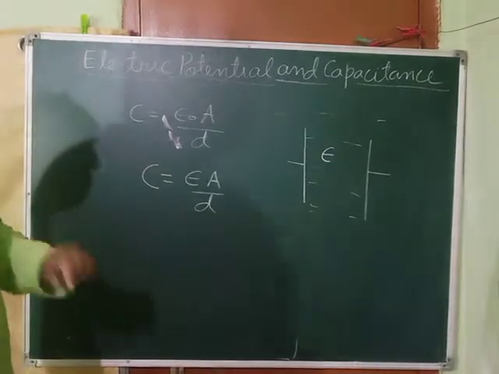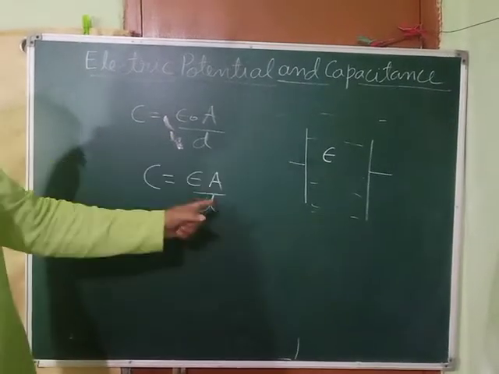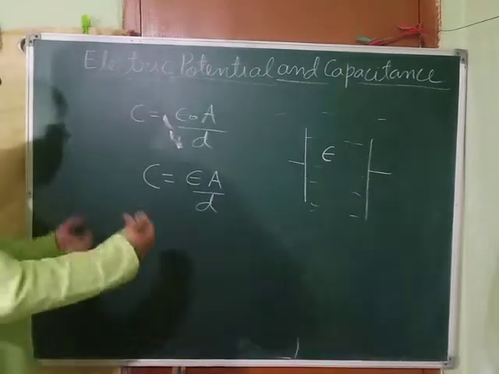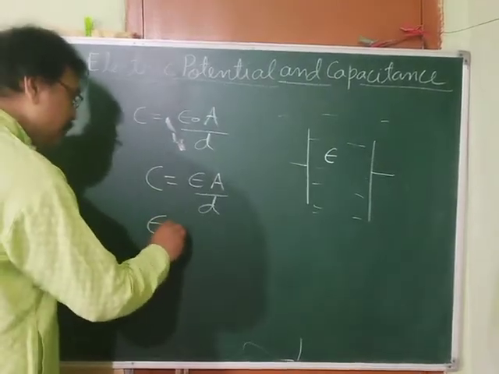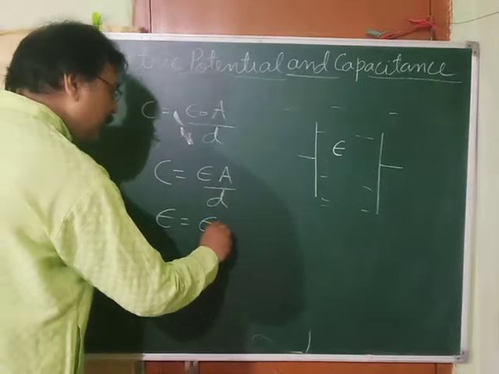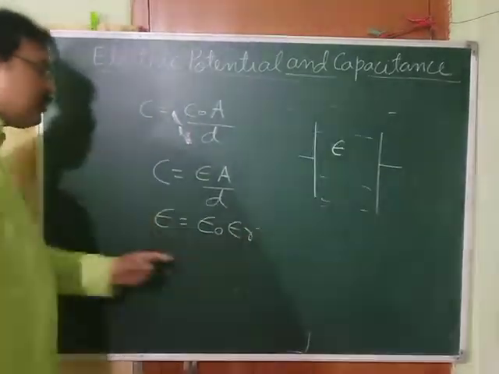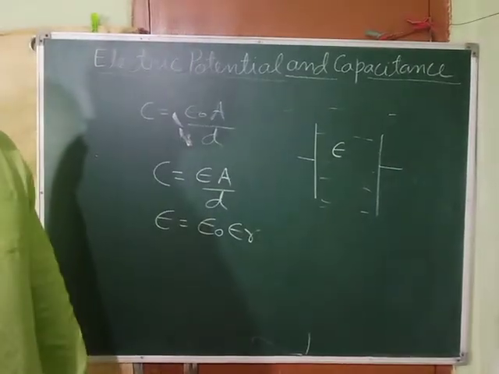But for some other medium, you have to write like this. We also know that epsilon is equal to epsilon naught into epsilon r, where epsilon r is the relative permittivity of that medium.